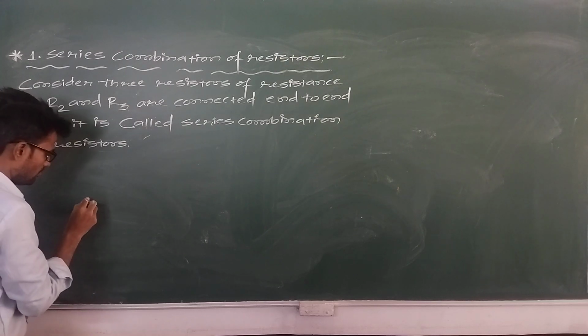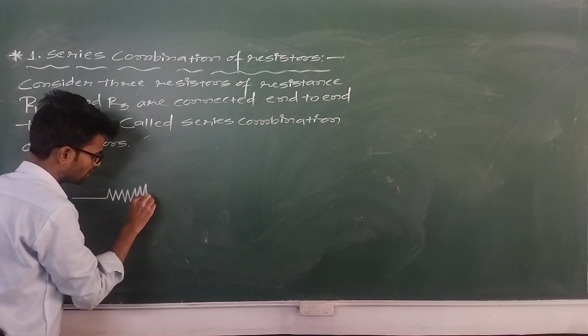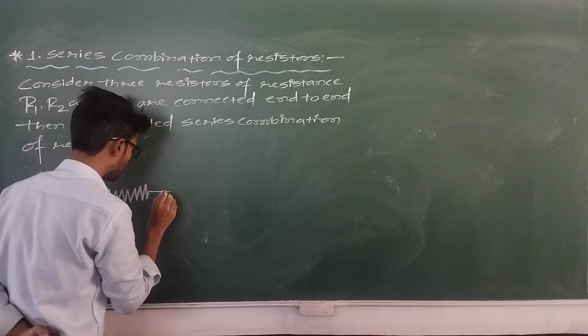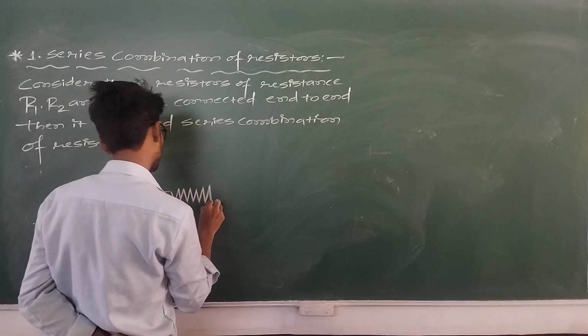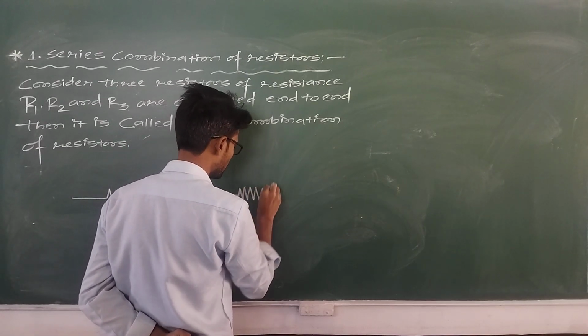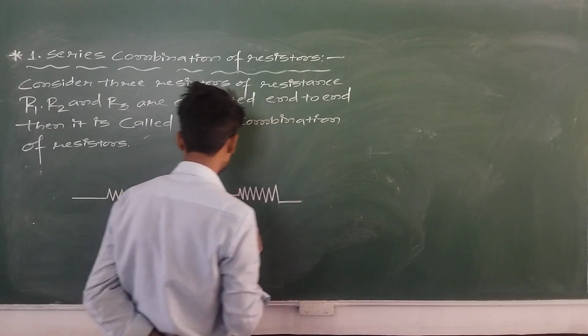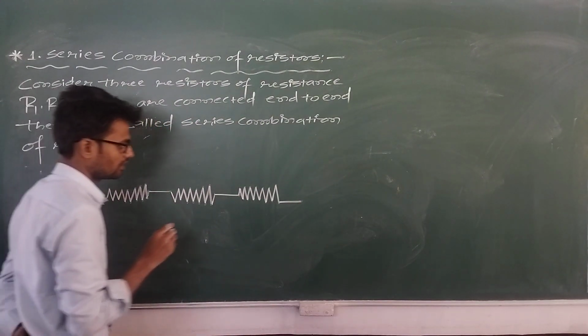So see, I will take three resistors here. This is the first one of resistance R1, this is the second one of resistance R2, and this is the third one of resistance R3.